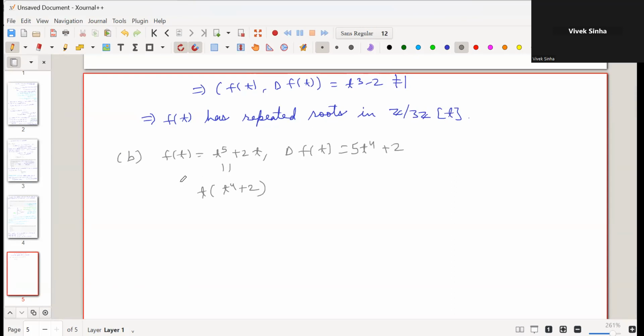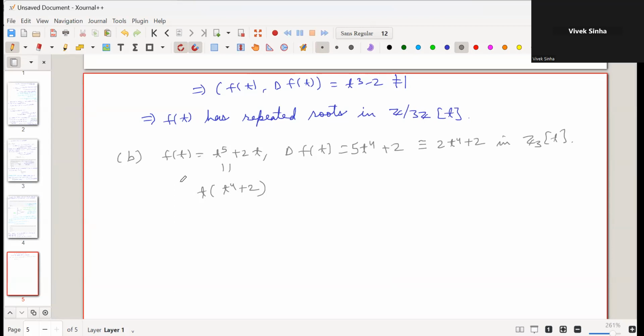And the derivative 5t4 plus 2 is isomorphic to 2t4 plus 2 in Z3[t], because 5 is congruent to 2 in Z3.